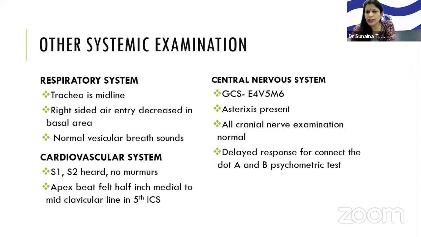So, in this, you had said that they had tapped some fluid, they had taken some ascitic fluid out. What do you think they would have done with that? Ma'am, with the ascitic fluid, they must have done the serum ascitic albumin gradient. Ma'am, that gradient is usually done to differentiate between portal hypertension and other causes of ascites.